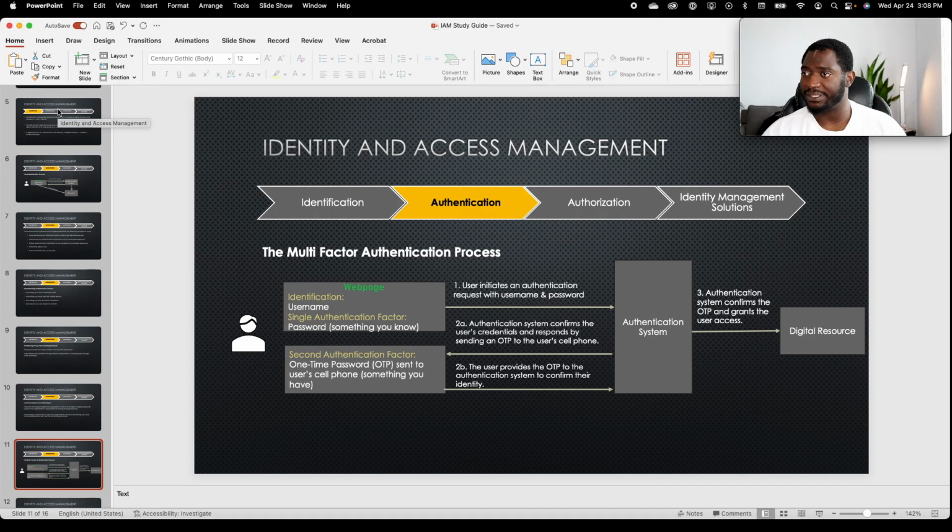And this is because the cell phone should be something that only the user has access to. Now, the user provides this information to the authentication system. The authentication system reviews this information, approves it, and provisions that user access to the digital resource.